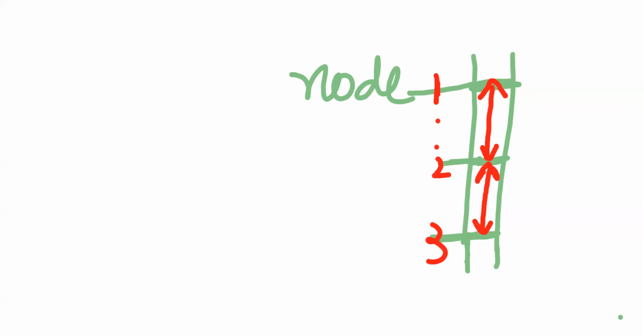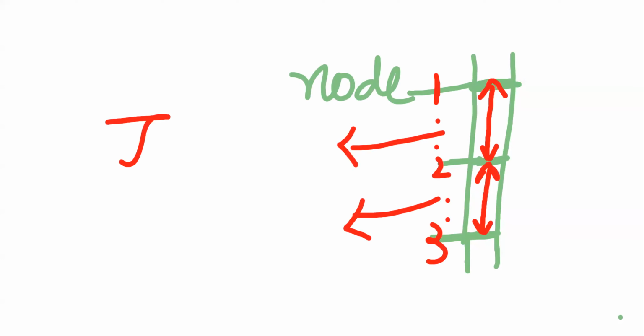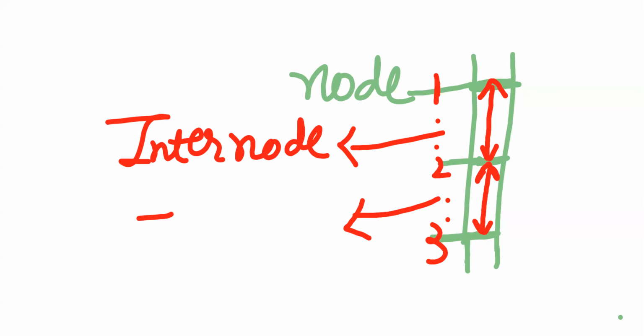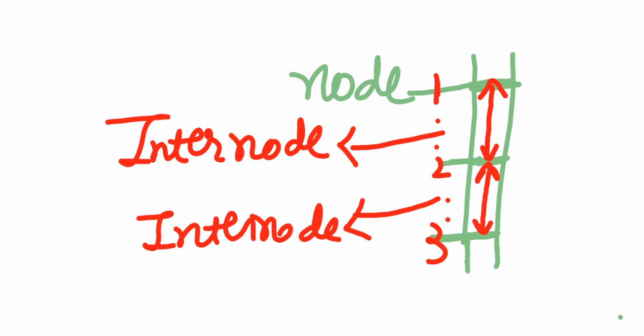So between 1 and 2, 2 and 3, this part we call internode. This one also internode. So remember, this is the characteristic feature of the stem. On root, these things, nodes and internodes, are not present. On stem, nodes and internodes are present.